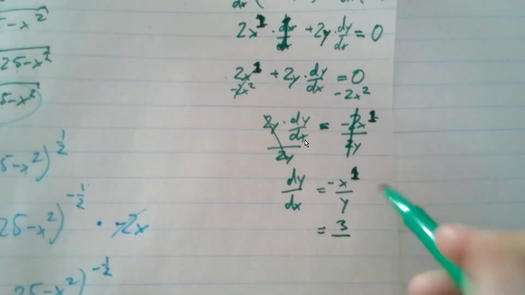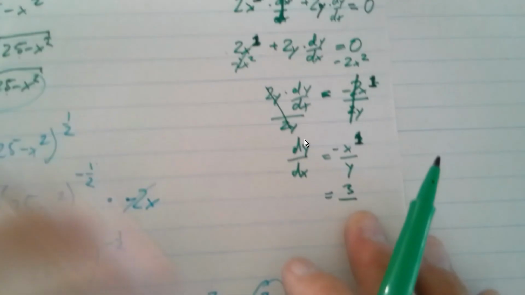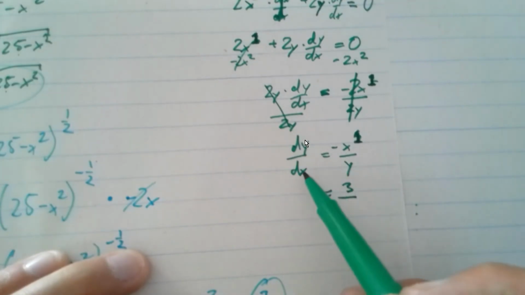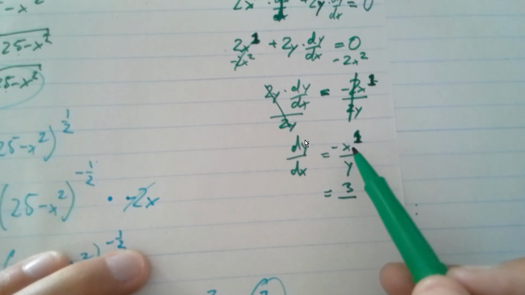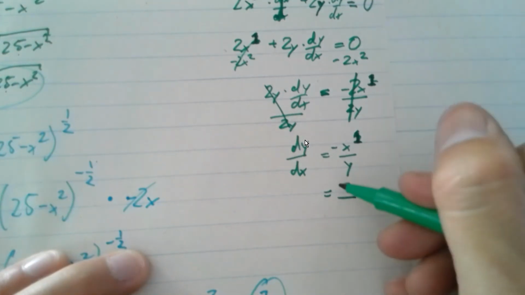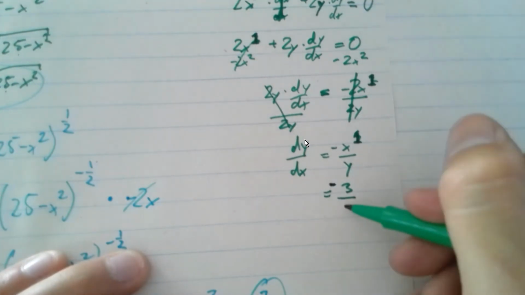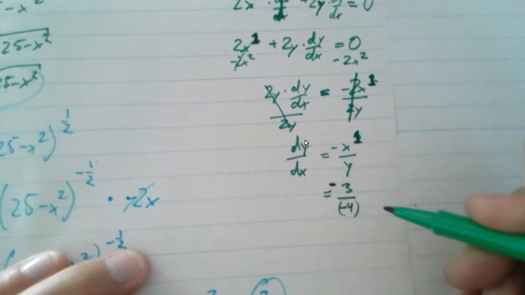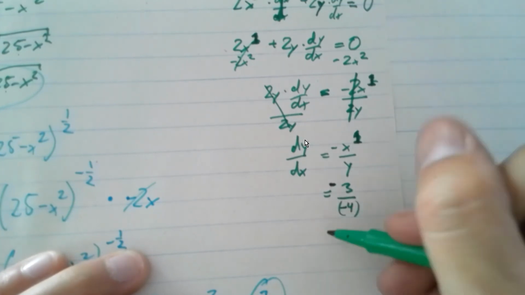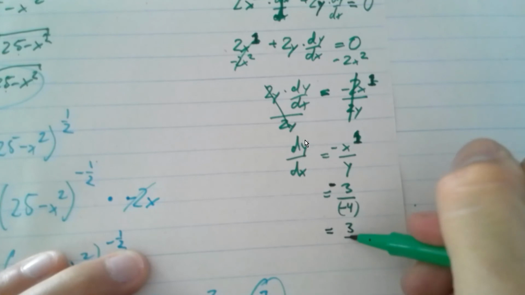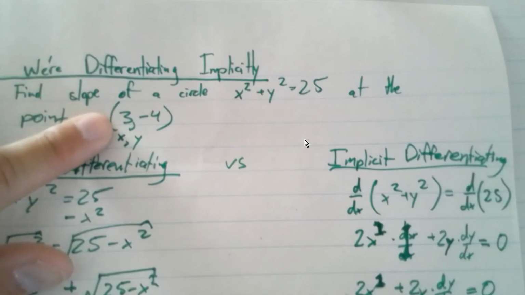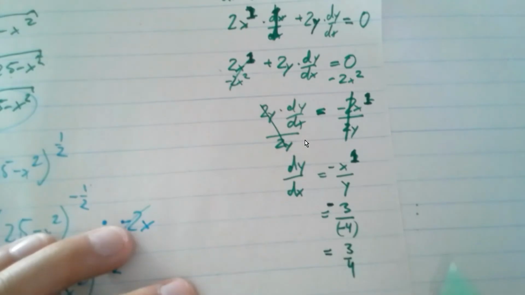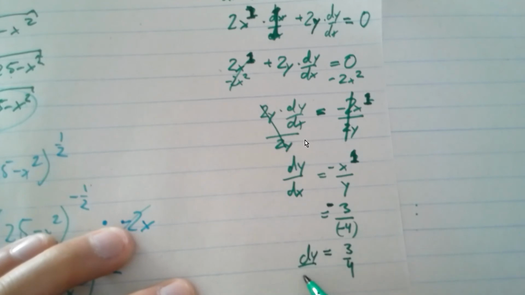In place of my y value, I put in the negative 4, because the dy over dx is literally negative x divided by y. Oh, so I do have to keep that negative sign in the front. I'm sorry. And then you put in the negative 4 on the bottom. I notice that there's 2 negative signs that will cancel out. So my slope at that particular point of this circle is equal to 3 over 4.